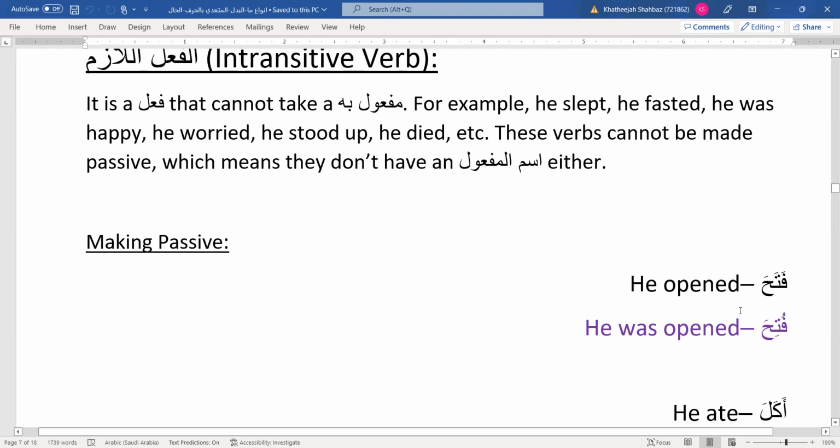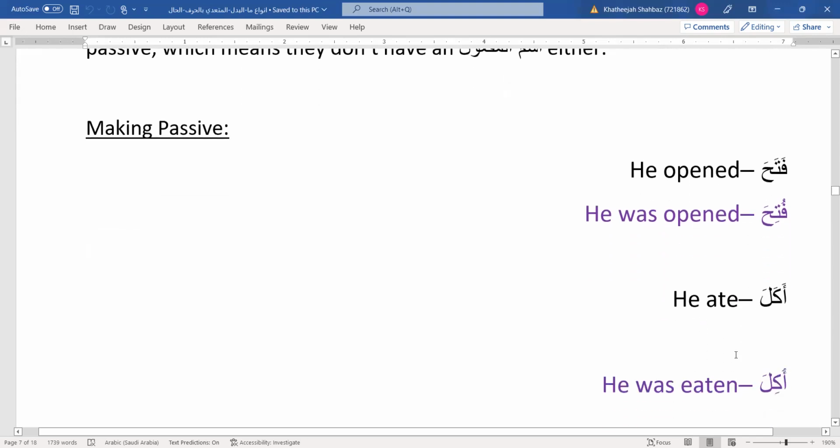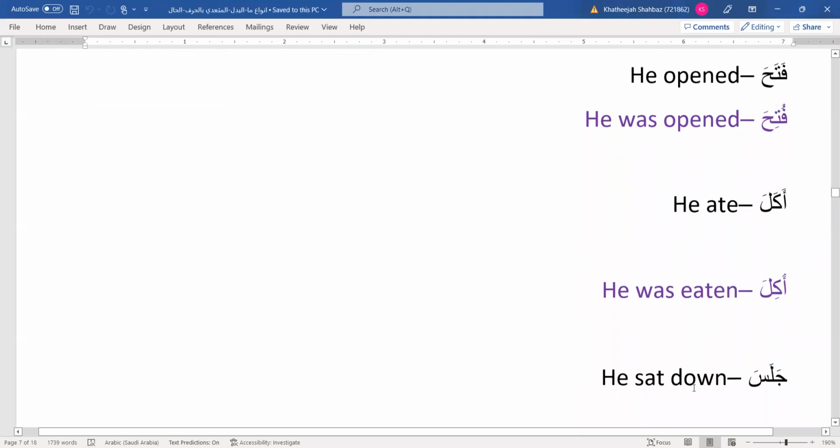Like for example, he opened a door. He opened a car door, or he opened a lock, for example. Futiha, he was opened. Similarly, akala, he ate. Ukila, he was eaten. So it means it is a failul mutaaddi.